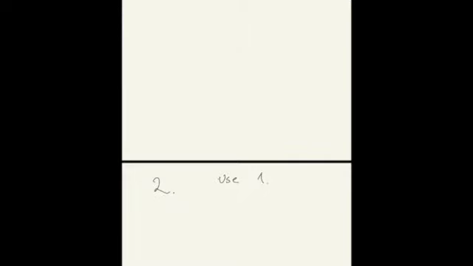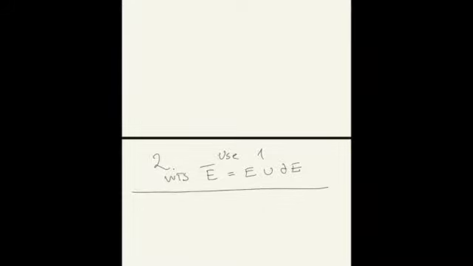Now, 2 means that we wanted to show that E bar is equal to E union boundary of E. And I'm saying that we could use 1 or use the definition specifically.